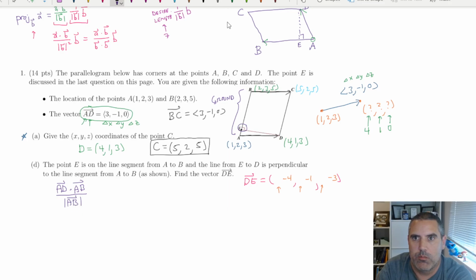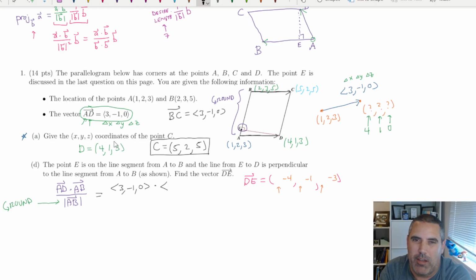Notice that I realized what the ground was. And now I'm off. So the question is, do I have those? And this is what's nice. If you do realize you have a projection problem, then this usually leads to a fast answer.